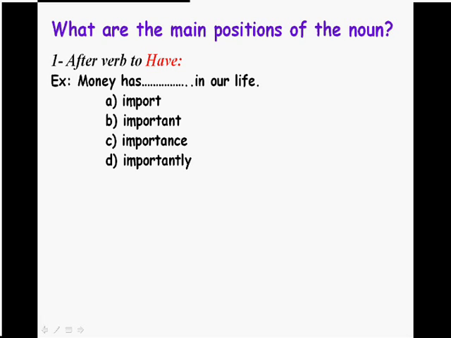So, again, we said I have to put the noun after the verb to have. And in our sentence, the form of the verb to have is has, because money is singular. So, which word here is the noun? Is it A, import, B, important, C, importance, or D, importantly?